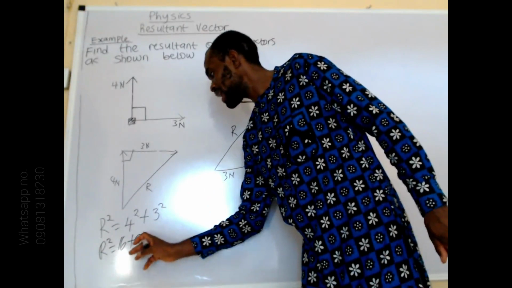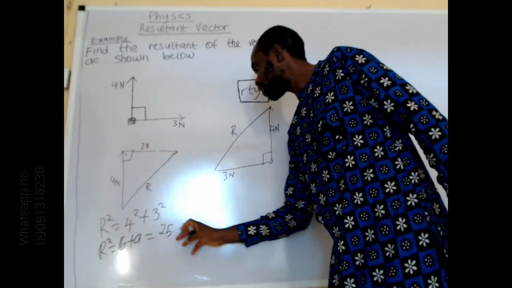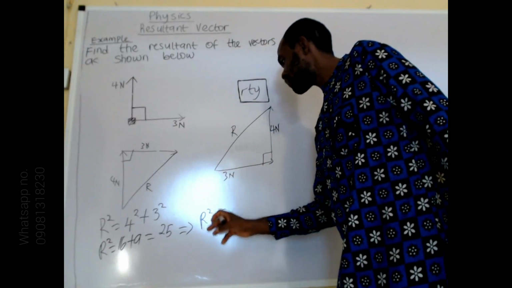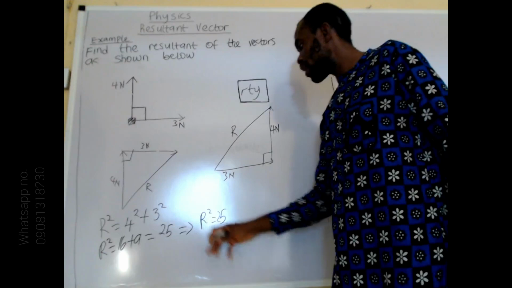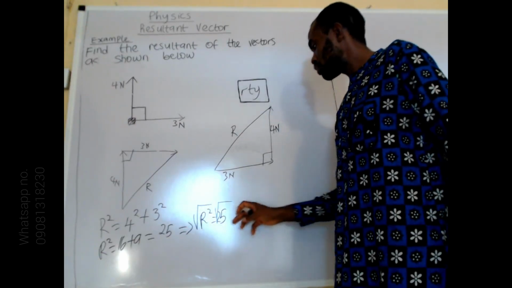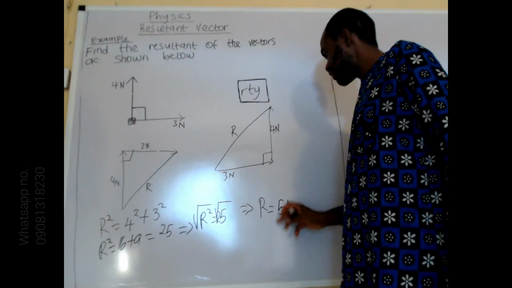When you add these together, you get 25. This will lead us to R squared is equal to 25. Then you are looking for R, so you square root both sides, which will lead us to R is equal to 5 Newton.